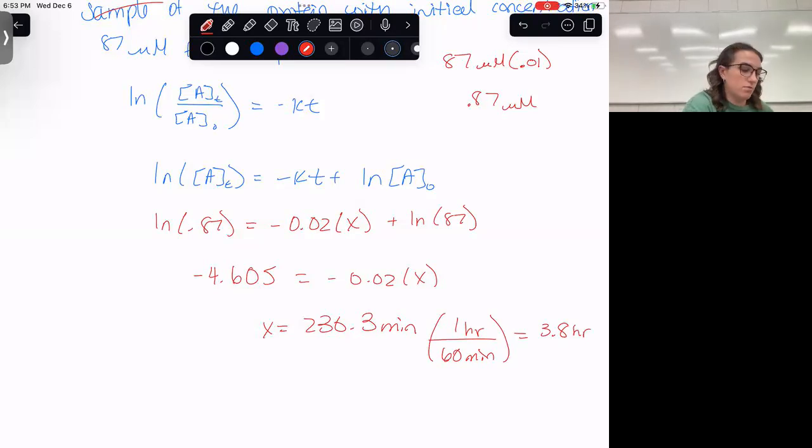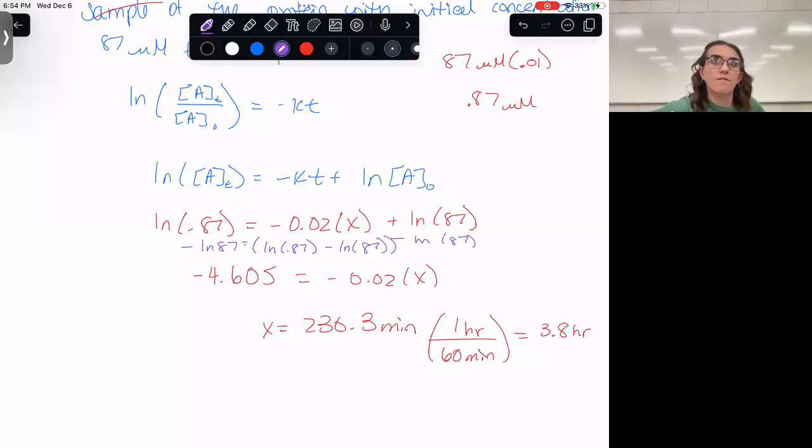And how I got to this negative 4.6: you subtract ln of 87 from both sides, so it's ln of 0.87 minus the ln of 87. That's what that turns into.